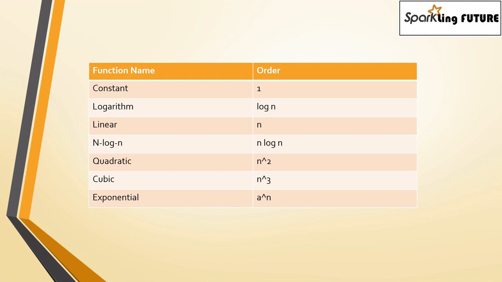Here a is some constant and n is the input size. If you take the Fibonacci series or recursive algorithms, there you will understand this exponential order. So this is about the big O notation and how to calculate the complexities.